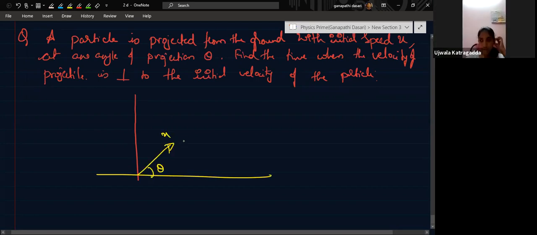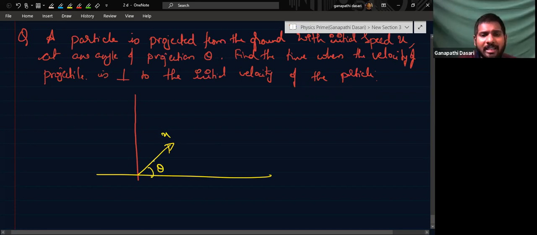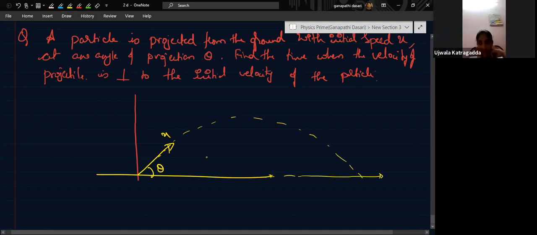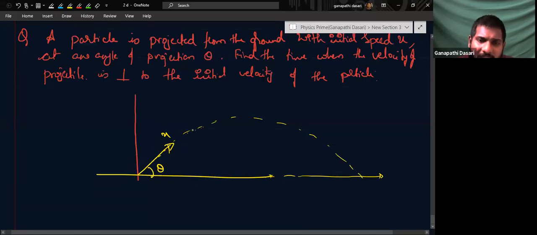Now slowly the particle will move like this in projectile motion, as we have studied. Everywhere the particle will have some velocity vector which is a tangent to this projectile path. At any point in the curve, you draw a tangent, and that is the velocity vector.